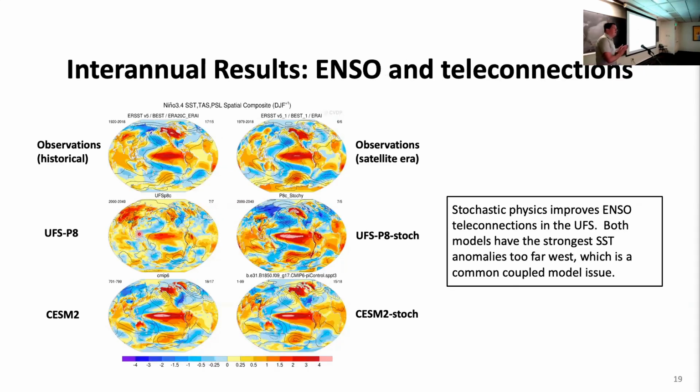And then, more focused now on El Nino, this is a composite of the El Nino events in the different simulations. Here again, similar to the standard deviation plots I was showing, the UFS with the stochastic physics on the right is a little too strong, but the teleconnection is the pattern I'll point out here.